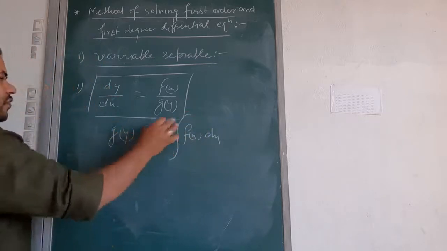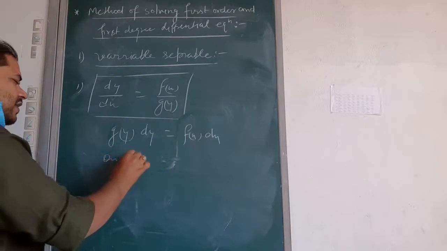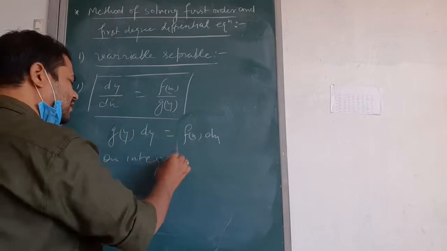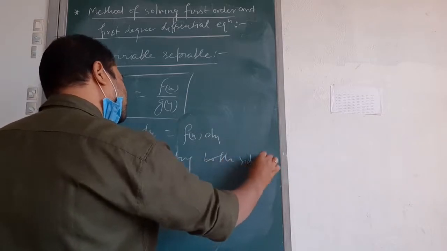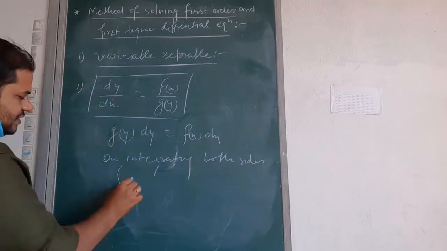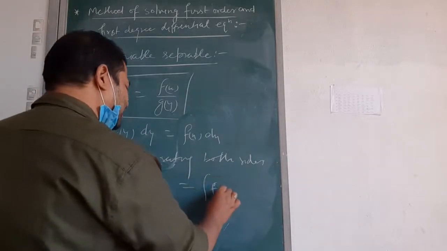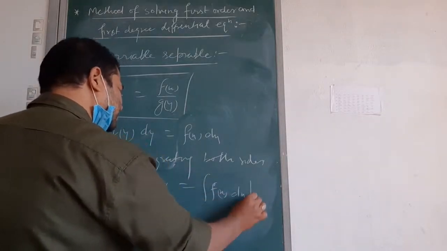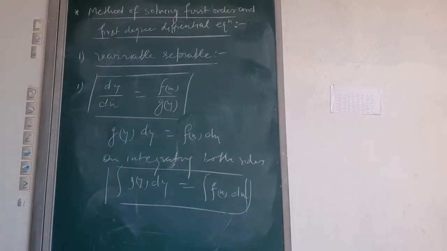On integrating both sides we will get the integral of g(y) dy and f(x) dx. So this is the solution of this particular differential equation. So note it down, then we will see some questions.